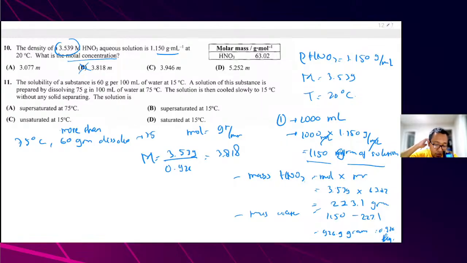And then when it's cooled to 15 degrees Celsius, only 60 will dissolve, but no solid, okay, no solid precipitate.